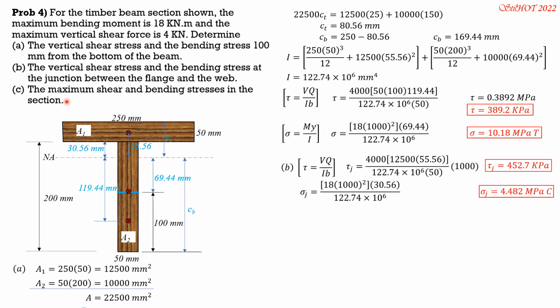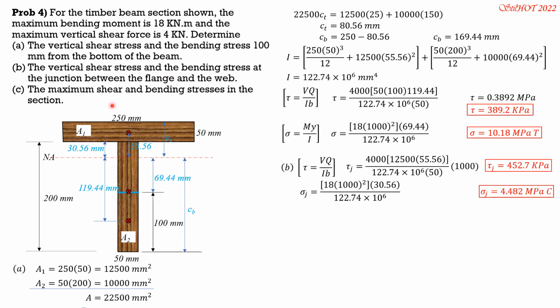And finally, the maximum shear and bending stresses in the section. Remember, the maximum bending stress occurs at the outer fibers, either top or bottom. We will compute that. There is maximum compressive stress and there is also maximum tensile stress. We will compute each for the bending stresses.